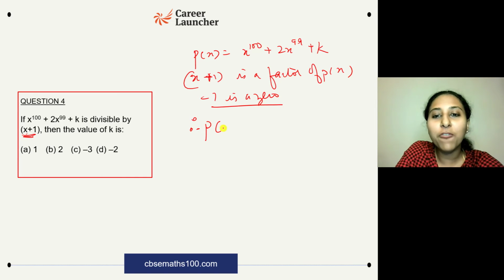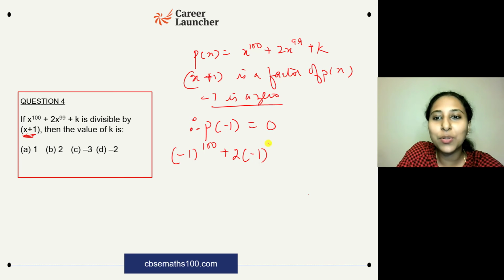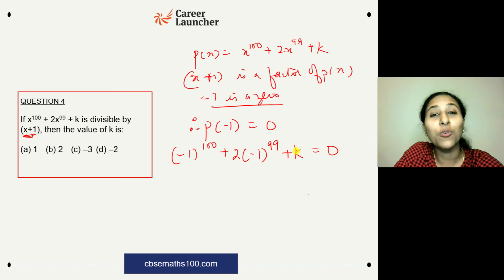We can say p of minus 1 would be equal to 0. So therefore, after substituting minus 1 in place of x throughout, we get minus 1 to the power of 100 plus 2 times minus 1 to the power 99 plus k equal to 0. What is a negative number raised to an even number? Minus raised to even will be plus.